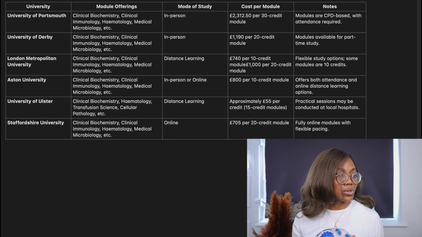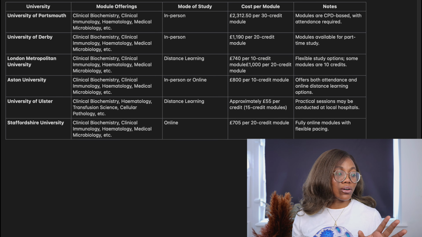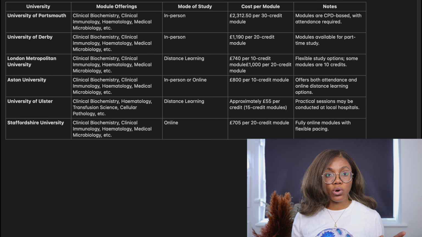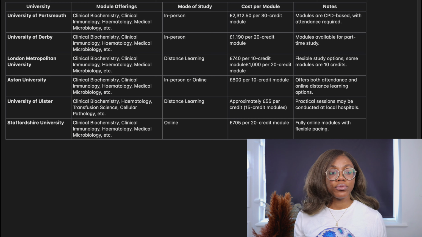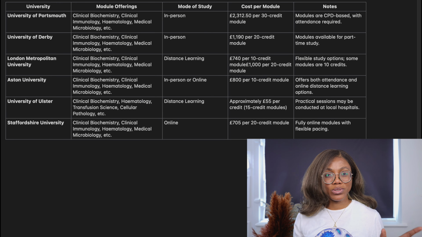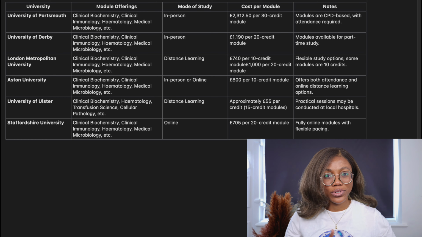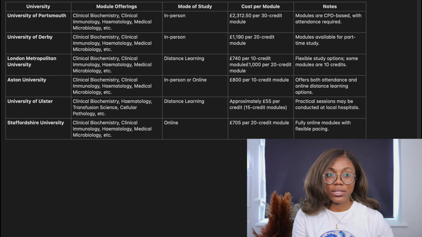Now the University of Portsmouth offers almost all the modules you require depending on what IBMS asks you to do, and they offer a cost per module. They do a package where it's £2,312.50 for a 30 credit module. These costs are as of June 2025, so if you are still watching this video in the future, please check their website to confirm.